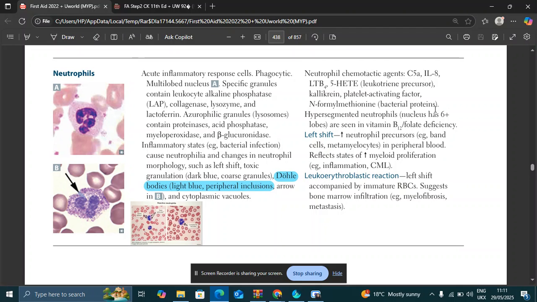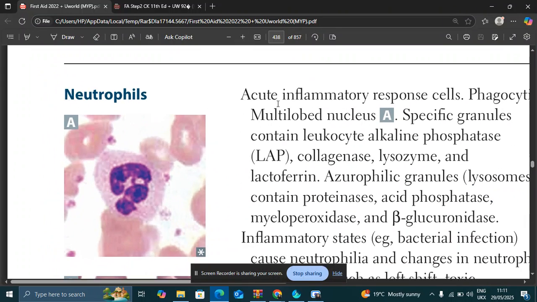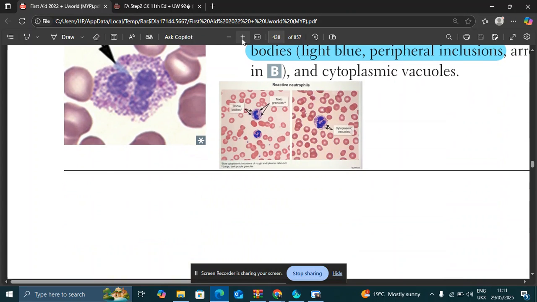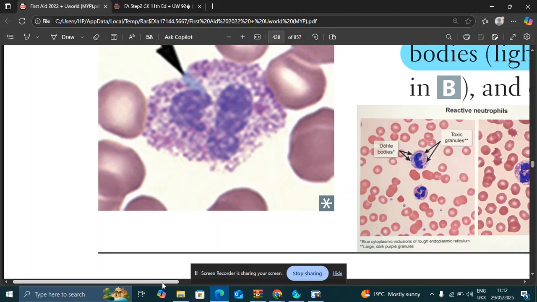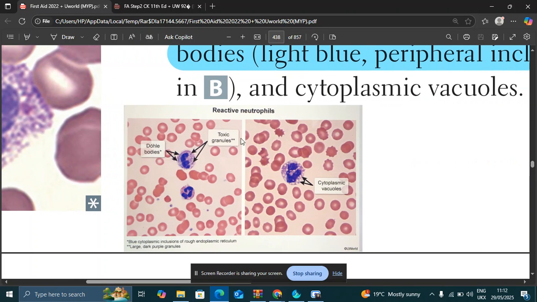Okay, so this is all about neutrophils, and here I also want to show this image. I was talking about reactive neutrophils. Reactive neutrophils, look at this image. Okay, so these are the reactive neutrophils. Both diagrams are showing reactive neutrophils.